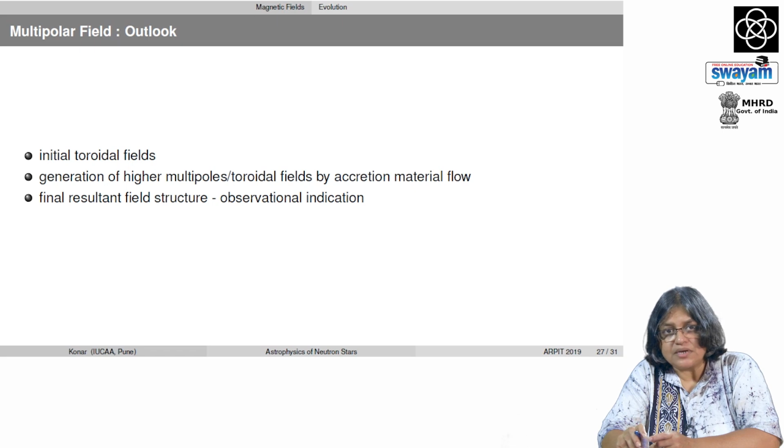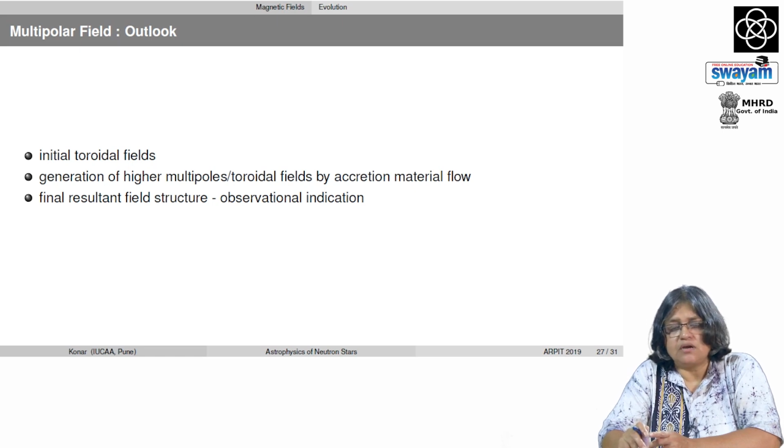The physics of magnetars, which is very important at present, requires understanding such field configurations, and one also needs to understand how higher multipoles and toroidal fields evolve through the flow of accretion material. And what happens to the final field structure through such a process would be obtained from various observational indications.